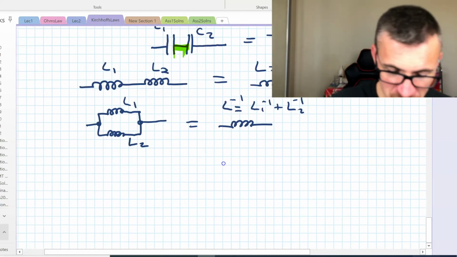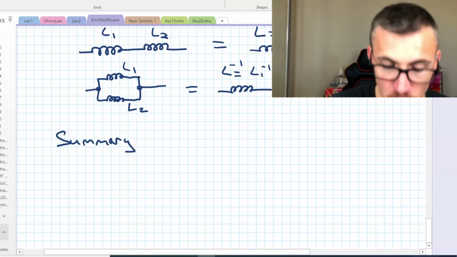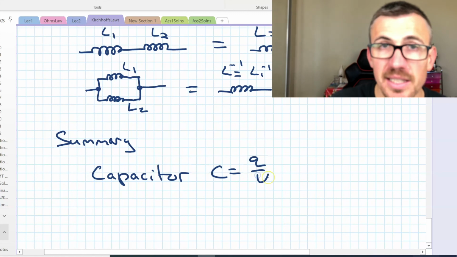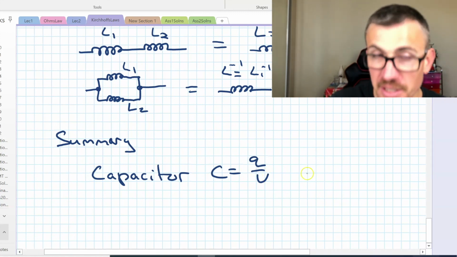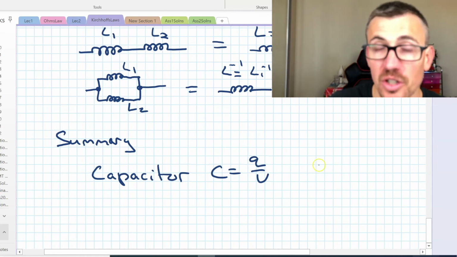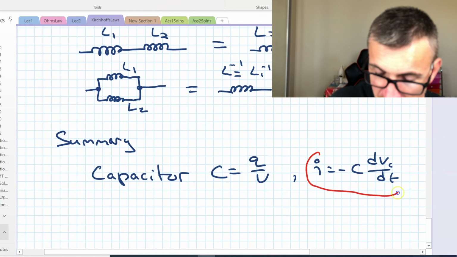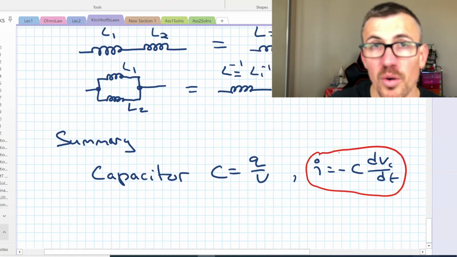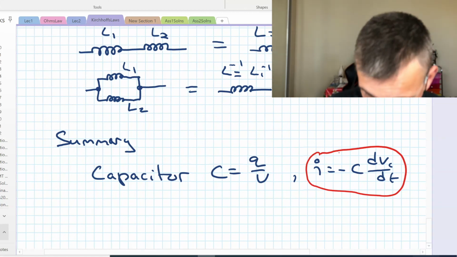Okay, well this is a long one. This is a big lecture. So let's summarize. The important key points for a capacitor: C is equal to Q over V is one way of thinking about it, but it's more convenient for us to think about it in terms of current. And this is our defining equation for a capacitor.